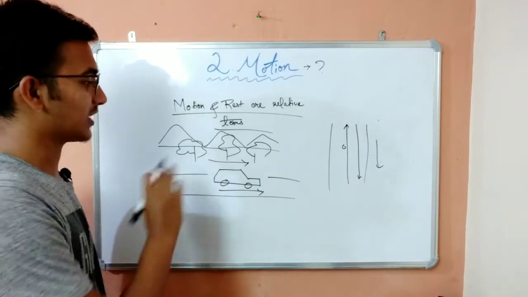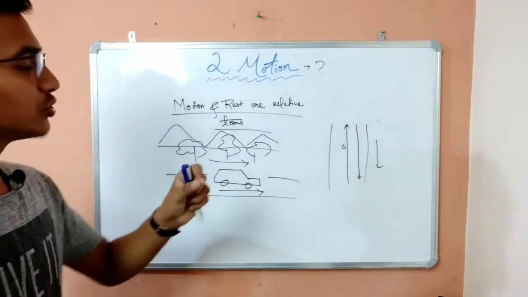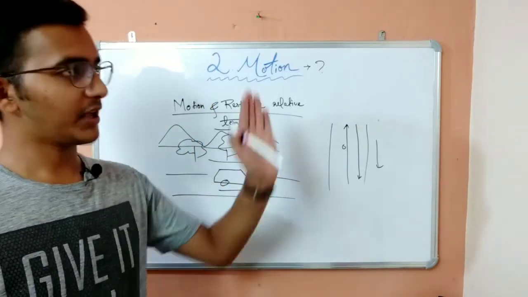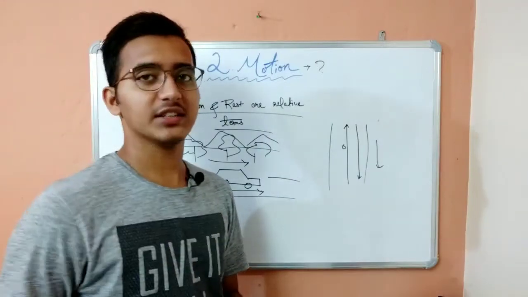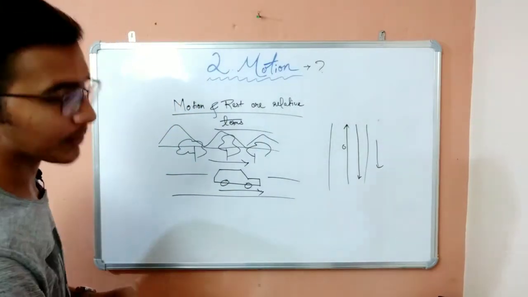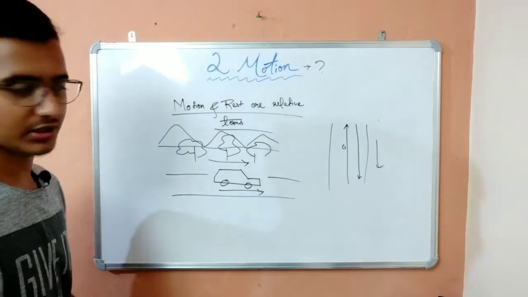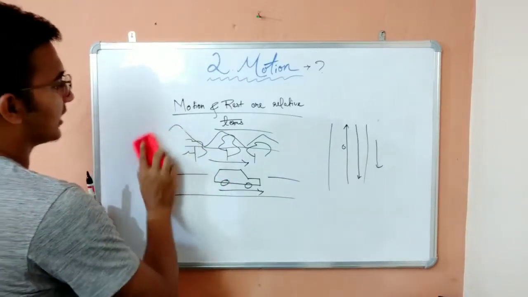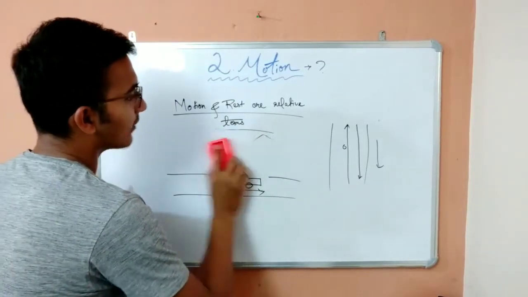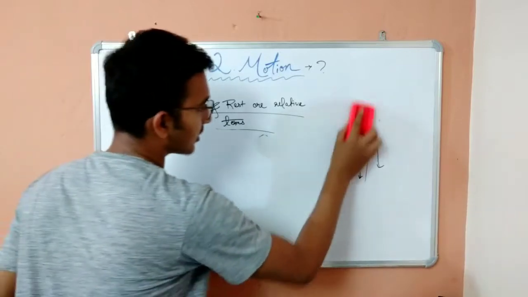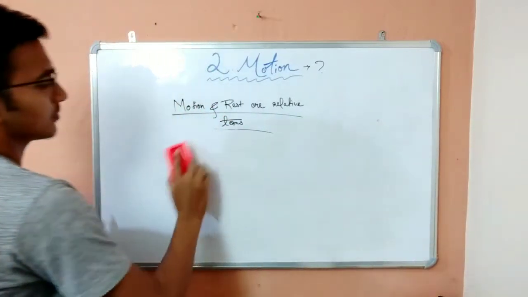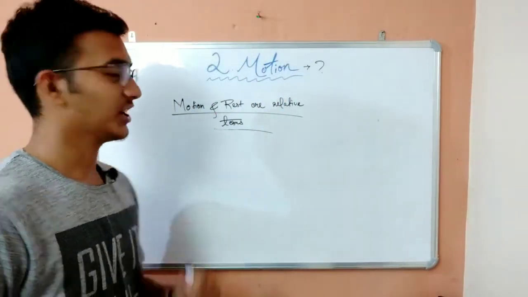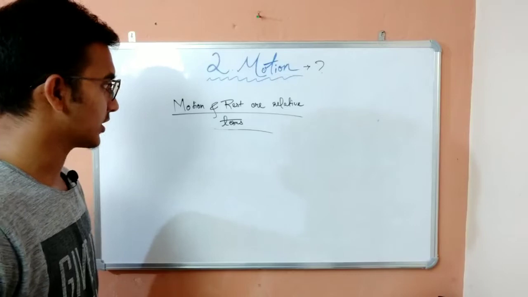This happens because you start comparing your car where you are sitting and those mountains over there. Now, I won't go deep into why that happens because that is not in your syllabus. So, just like that, motion and rest are relative terms. Relative means you have to compare to define the terms. Okay? So that is very clear now. Motion and rest are relative terms. Write it down. Very important.